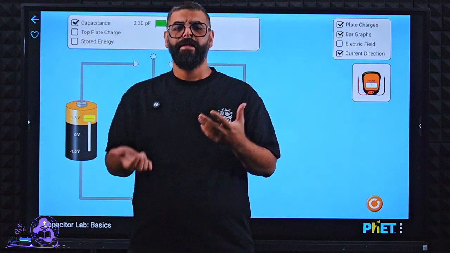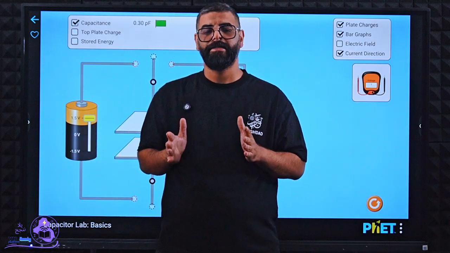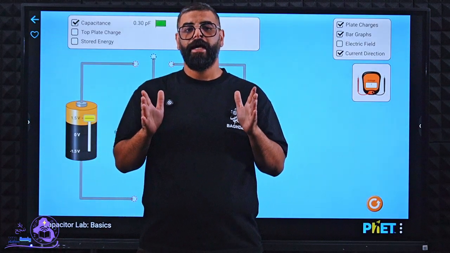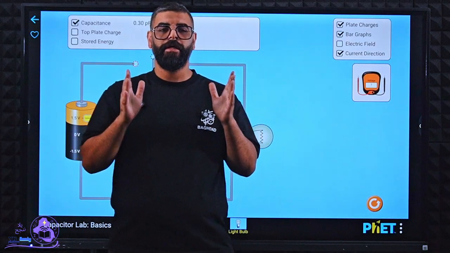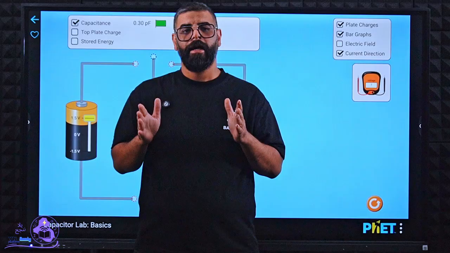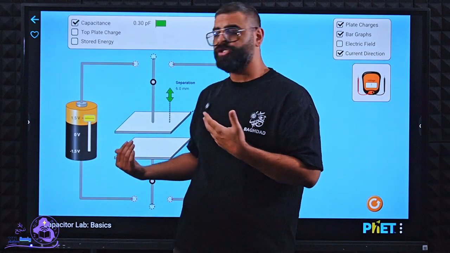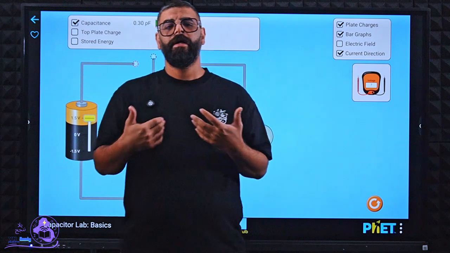We said that it's two parallel isolated conductive plates, and both of them are equal in area and separated by a distance d. It also contains the charges that we talked about.